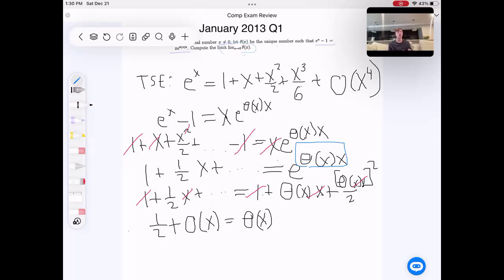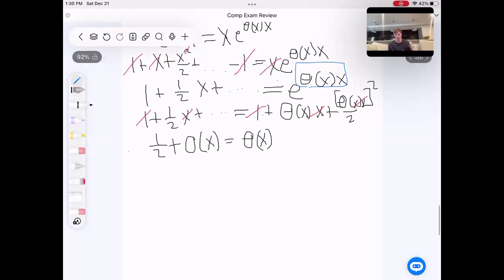And my claim is that we actually do not care much about those, because what are we doing? Well, we're taking the limit as x goes to 0, right? So let's take the limit of both sides. That will preserve our equality here. So the limit as x approaches 0 of 1/2 plus a bunch of things in terms of x is equal to the limit as x approaches 0 of theta of x.